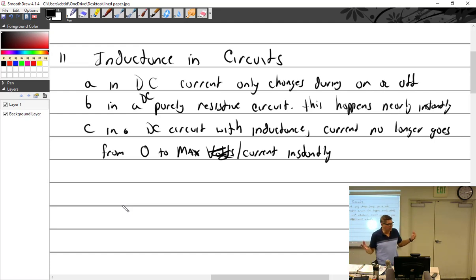When I open the switch, the opposite happens. Current wants to die down. If it's purely resistive, it goes away instantly. But now as it tries to die down, the voltage goes away and the amperage starts to go away, it collapses the field.